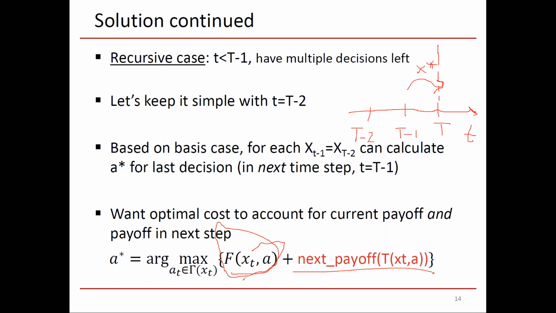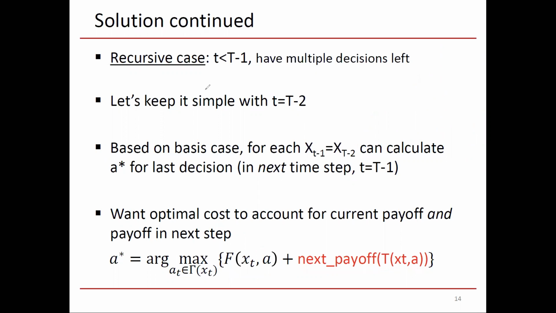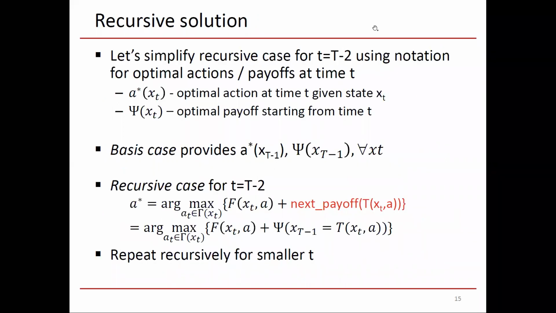The present plus the future. And because we're at time capital T minus 2 and at time capital T minus 1, we've already calculated that payoff, we've optimized it, we can incorporate that information into this decision. So now we went from capital T minus 1, then we had capital T minus 2.